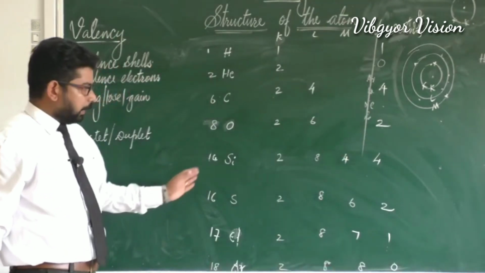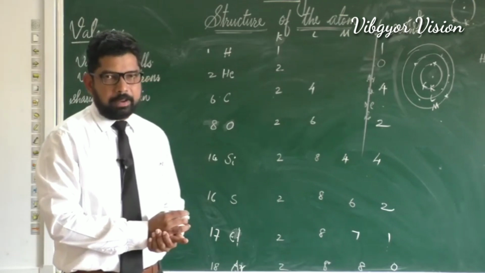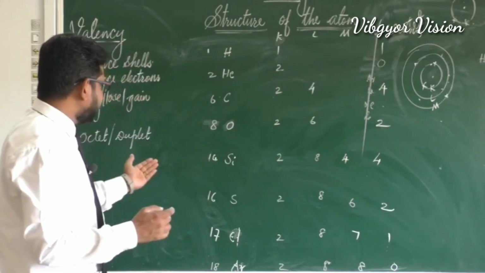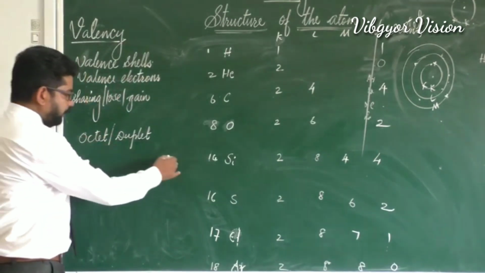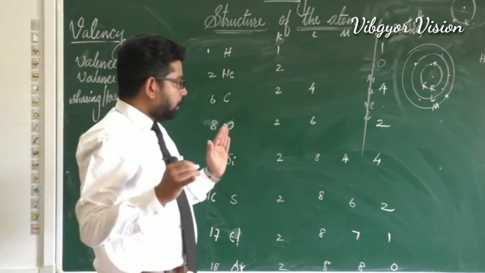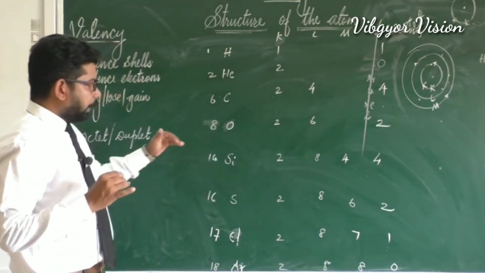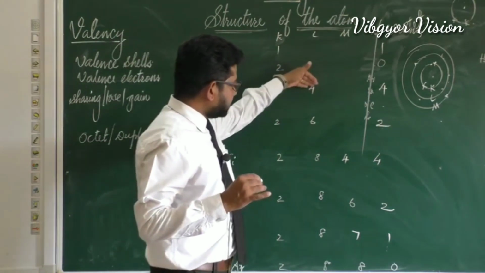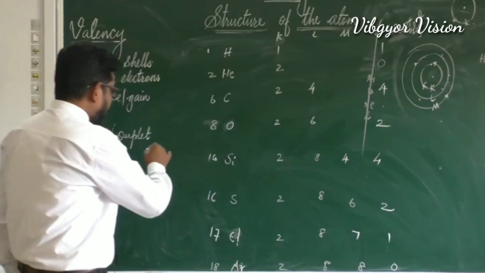Hope these things are clear. By knowing the shell electronic configuration, we can find the valency of an element, and very easily, in a tricky way. What is that? If the number of electrons is more than 4, what we have to do?